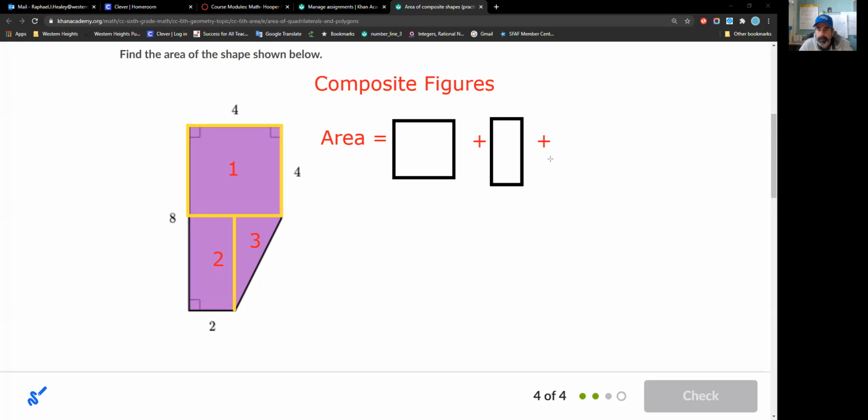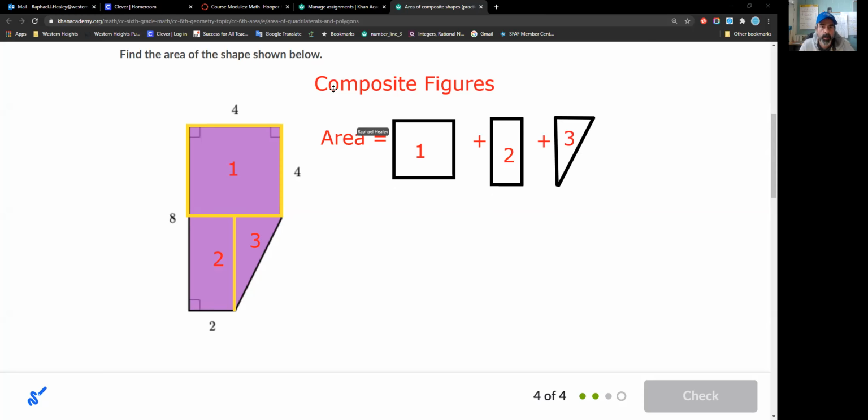Okay, so we take those and we find the area of each one, and then we add it up. So we've got a square, a rectangle, and a triangle.